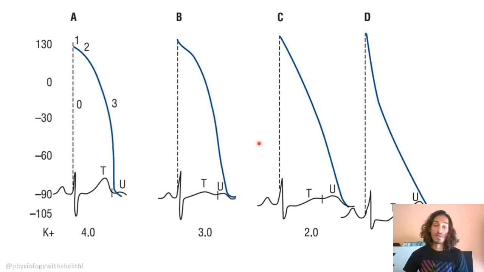The conduction also got delayed. Okay, and because of this delay in the repolarization, you can see that the T wave has become broad. And again, delay in repolarization means the U wave becomes more prominent because of delayed repolarization of the papillary muscles, that is U wave. Okay, so these changes start happening.